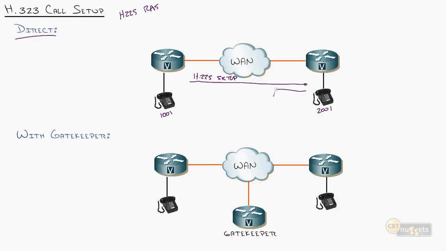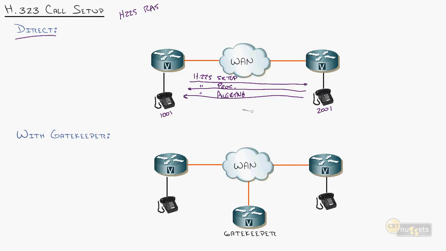Now this gateway receives that and sends back an H225 proceeding message. Think of that like an ack, like, oh, okay, I got it, looks good. I'm going to start doing something with this call, because it's quickly followed up with an H225 alerting.